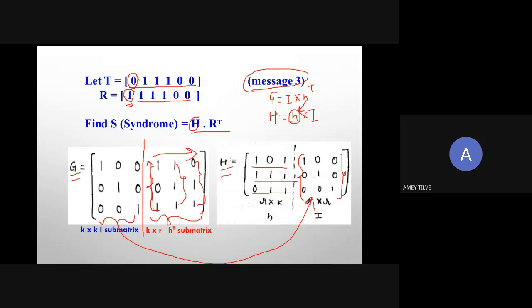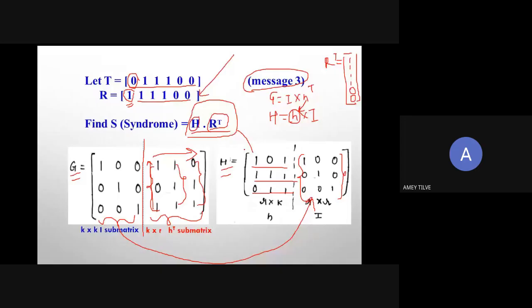So I have already calculated H. What will be my R transpose? R is nothing but the bits which are received, so I have to convert the row into a column. My R transpose will be just my row converted to column. The same thing I have written over here.